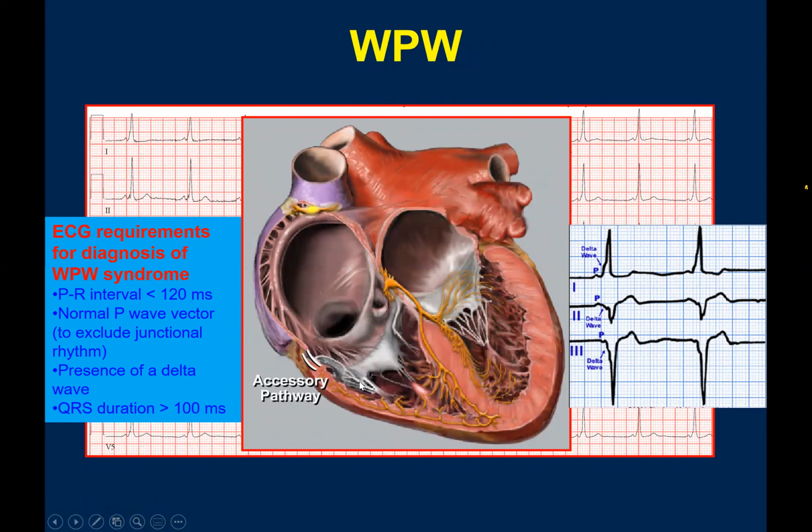Second, part of the myocardium is activated abnormally through this pathway. So this is myocardial cell to myocardial cell to myocardial cell. So it would be wide, and this is what produces the delta wave. Then when they have normal conduction, because the delay in the AV node is just for a short period of time, the rest of the QRS complex is normal. So short PR, less than 120 milliseconds, and normal P wave morphology with the presence of a delta wave and wide QRS complex. This is the diagnostic criteria for Wolff-Parkinson-White syndrome.